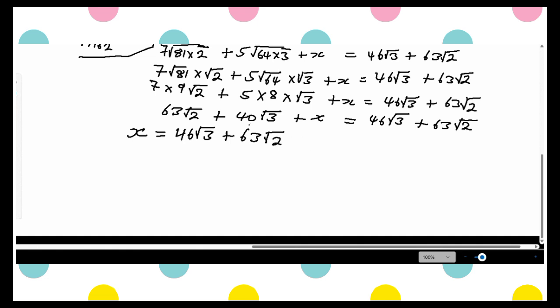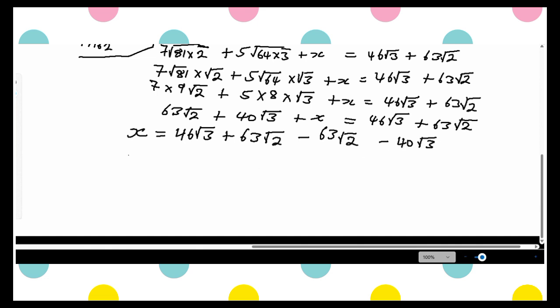Then sending the 63 root 2 to the left hand side, because it is positive, when it crosses the equality sign it becomes negative 63 root 2. Then the 40 root 3 at the left hand side, it is positive, when it crosses the equality sign it also becomes negative 40 root 3.